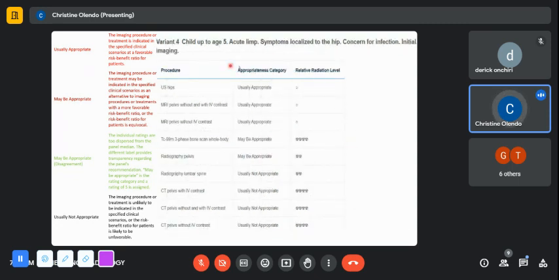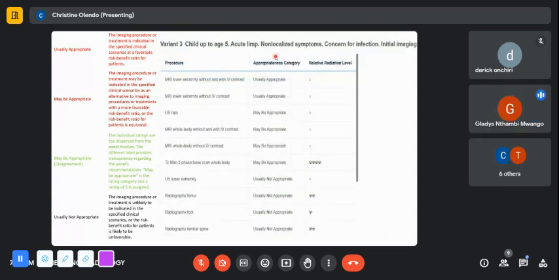Why do you think they qualified and said "usually not appropriate" for all these not appropriate ones? Why can they not be dogmatic and just say not appropriate? I think they're just giving a window because in medicine, you really never say never.